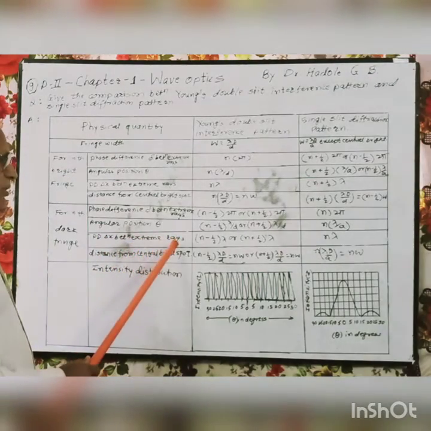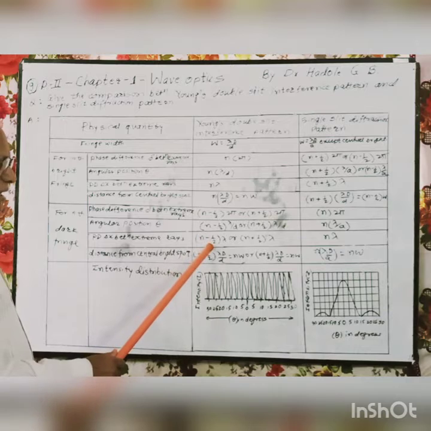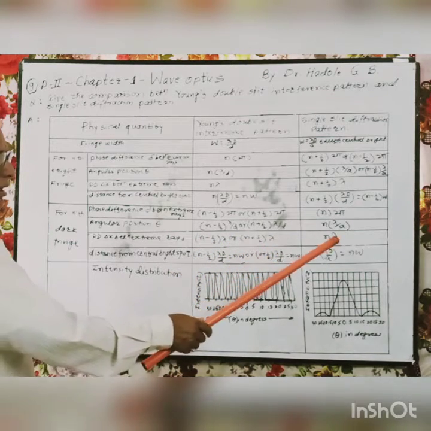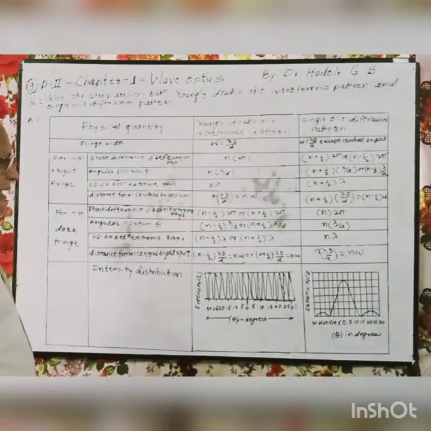The path difference delta x between extreme rays is (n minus half) into lambda or (n plus half) into lambda, which is equal to n lambda.